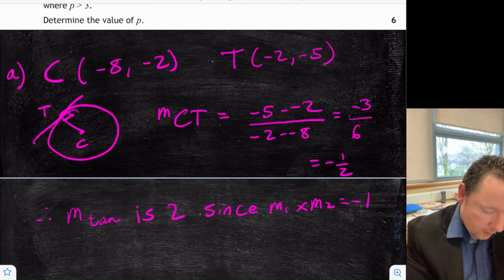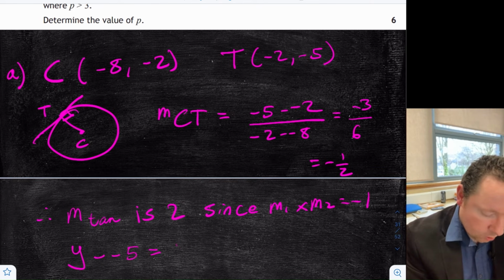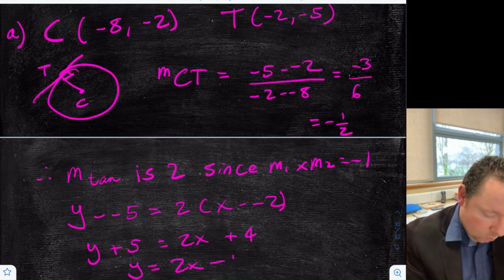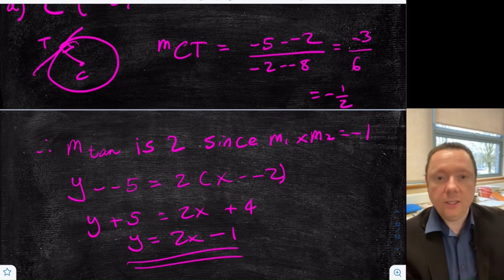And then our point, remember, is minus 2, minus 5, so y minus minus 5 equals 2(x minus minus 2). So y plus 5 equals 2x plus 4, or y equals 2x minus 1. And we've got the equation of our tangent.